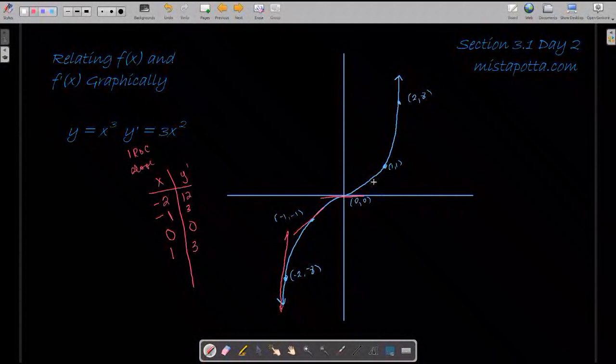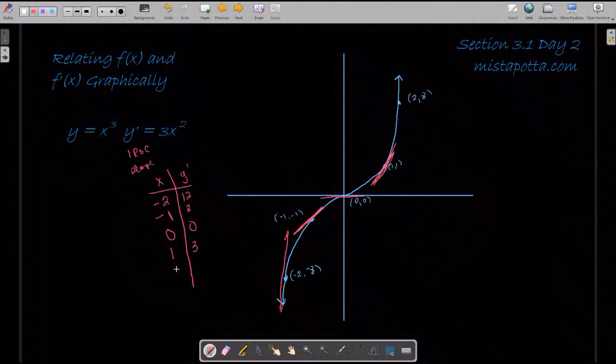And notice that the tangent line here at 1, 1 should run pretty parallel to the tangent line here at -1, -1. Obviously, it's not because of the way I've drawn it to scale, but it would be parallel if this was drawn more accurately.